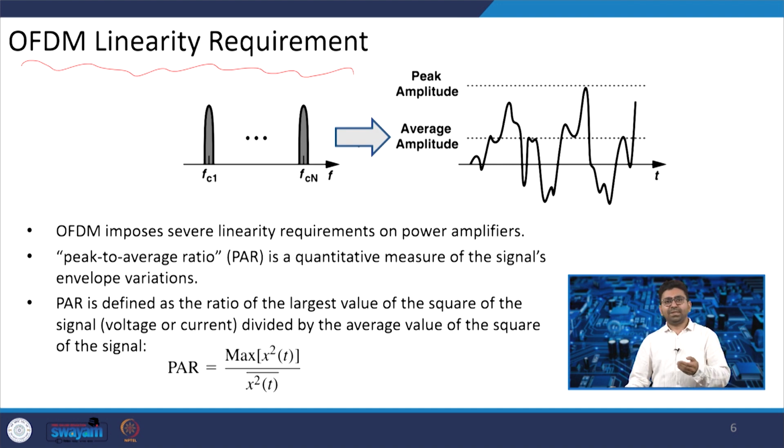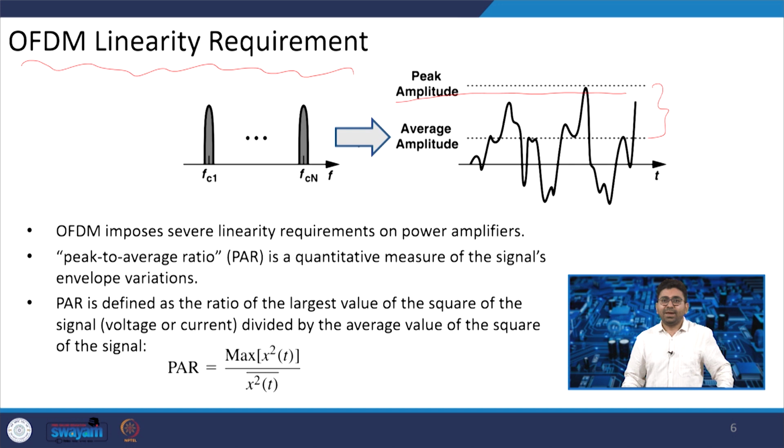Now, what will happen, because of the different subcarriers, the amplitude varying from the bottom to top has a high variation. Let us say in this example there is one output signal, it has a peak amplitude which is very high, and if you see, the average amplitude is less. So, the difference is too high.